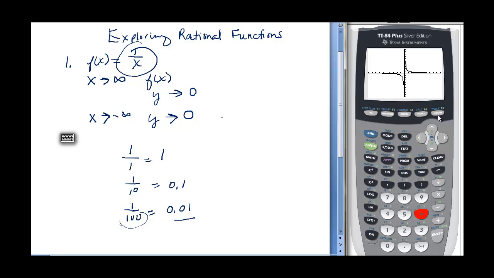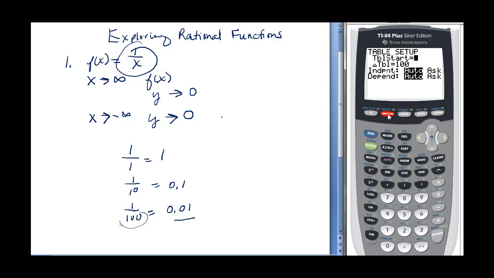Now, we can also look at the table here. We can go to our table, and let's say we do our table set at 0, but I'm going to go up by increments of, let's say, 10. And then I want to look at my table.